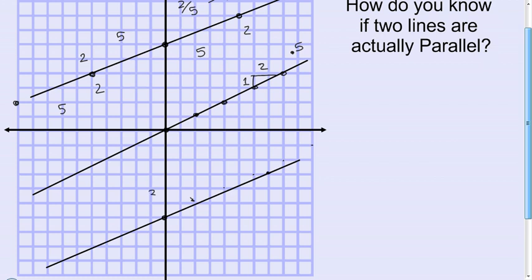If I went up 3 and over 2, 4, 6, 7, over 7. So if I go down 3 and back 7, it appears I did fall on that line again. Now 3 divided by 7 has got to be awfully close to 0.5 because that line looks very similar. And it turns out that it's actually 0.428 stuff. This is what I get when I take my rise and divide by my run.